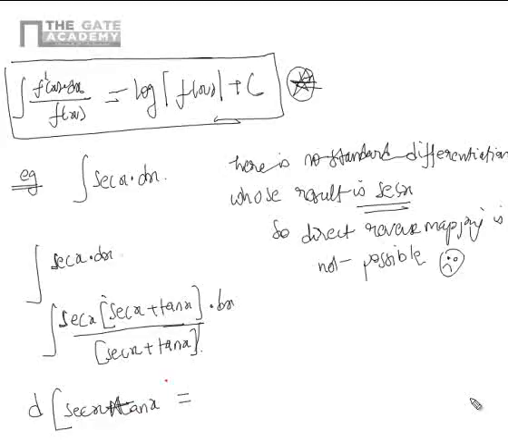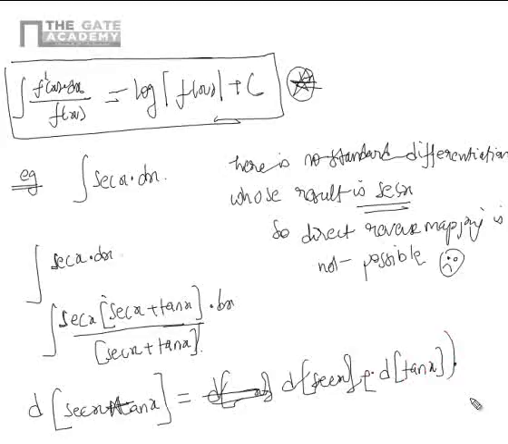The differentiation of a sum of two functions is the sum of the differentiations of the individual functions. So it will be differentiation of sec x plus differentiation of tan x, with dx outside commonly.